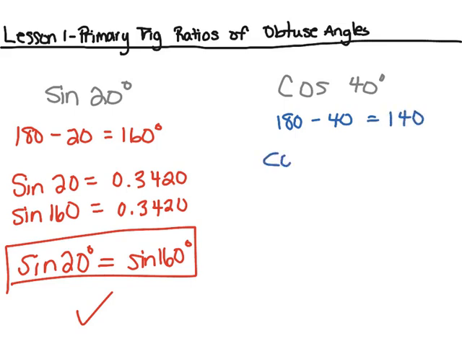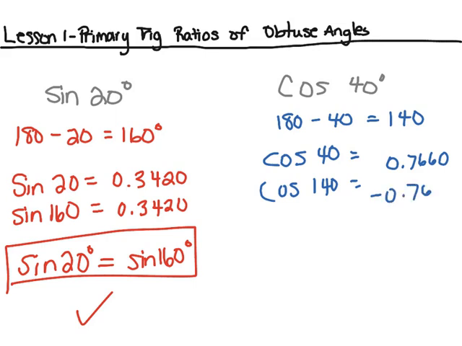So we're going to do the next one, 180 minus 40, and you get 140. We're going to do the cos of 40 and the cos of 140. Now remember, we're looking for opposite signs here. The cos of 40 is 0.7660, and the cos of 140 is negative 0.7660.